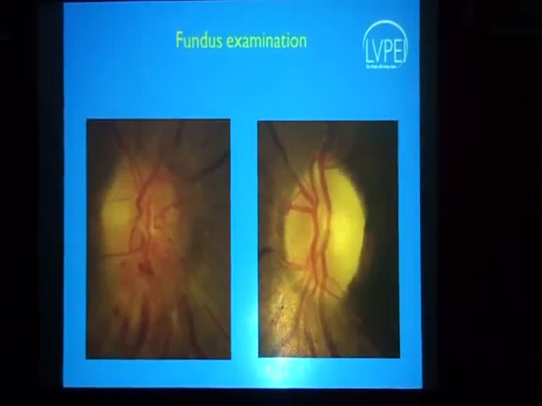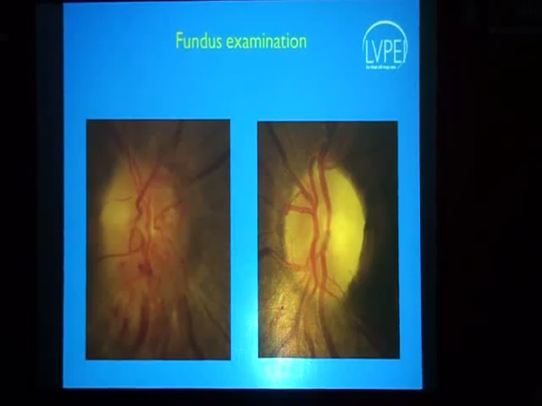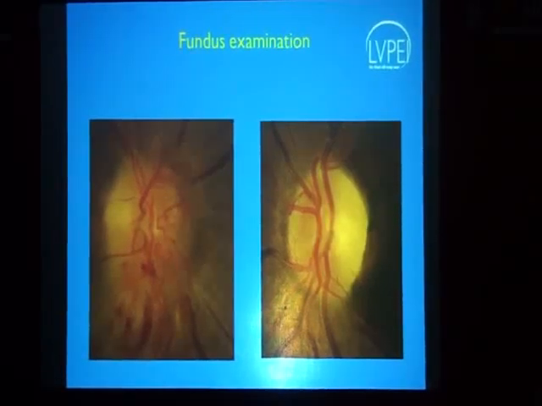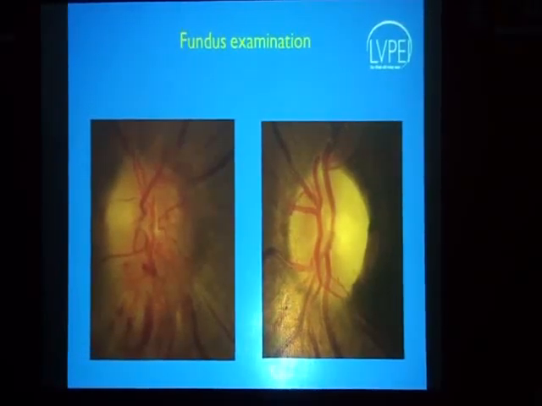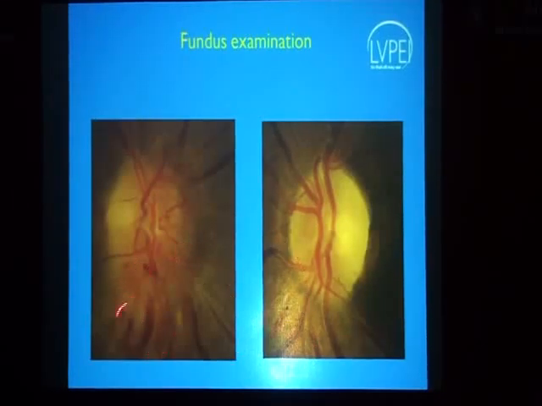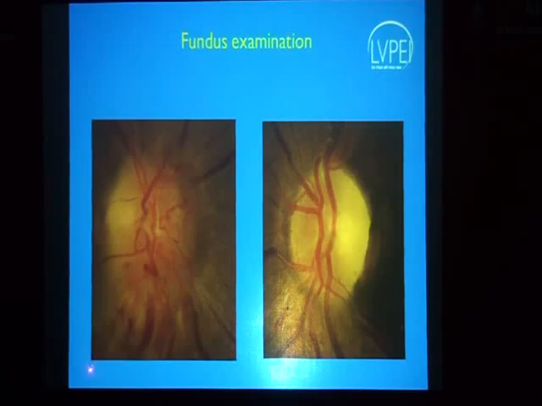Now the point here is we decide whether it's true Foster Kennedy or pseudo Foster Kennedy, and there will be certain clues to that. The primary clue will be that the eye with the swollen disc has vision loss. It's 20/400, which means it's not papilledema or disc edema because of raised ICT, it's because there is a neuropathy that's causing this.